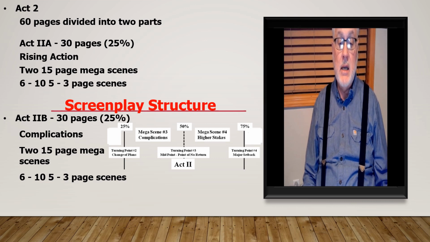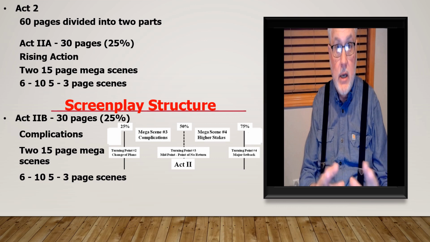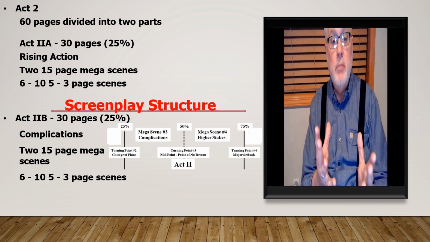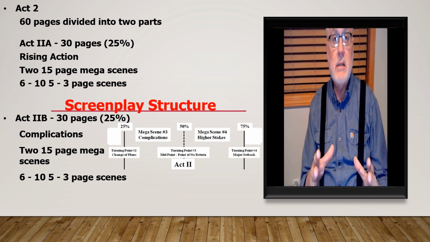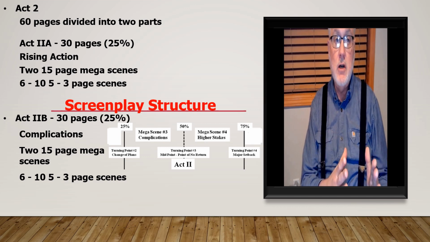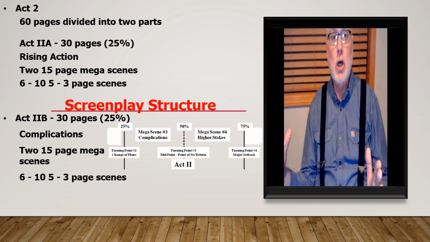Now, each of the mega scenes serves as a point to build to. You can build your second act, but if you've got a very short first act, your second act should be longer.